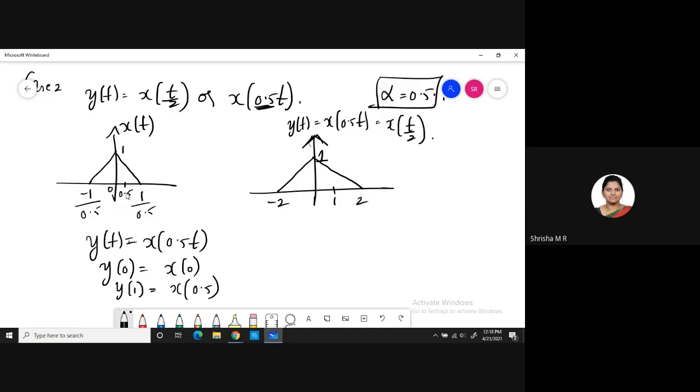So what is the amplitude at x of 0.5? This is a ramp, right, with a slope 1. So what is the amplitude at 0.5? It's half only, right? So at 1, the amplitude will be 0.5. Clear?